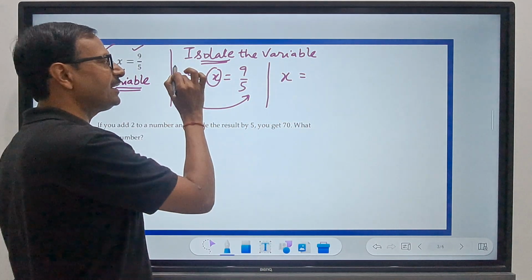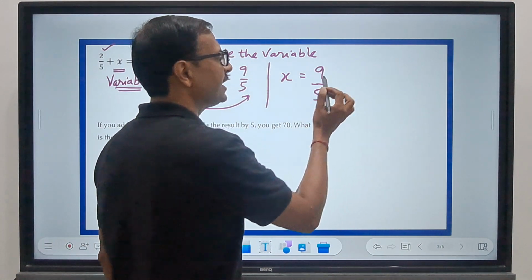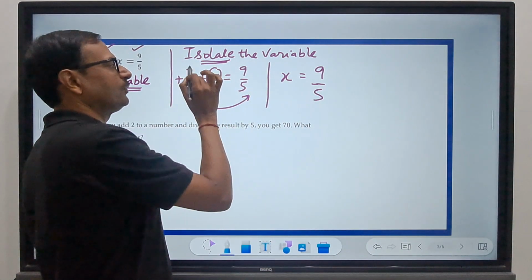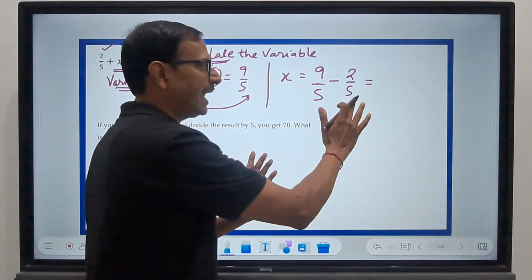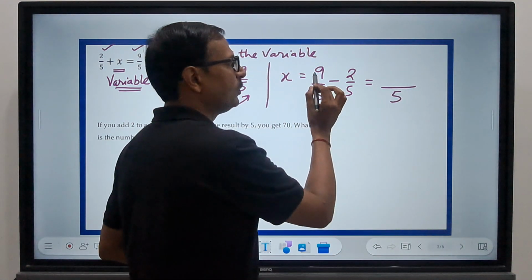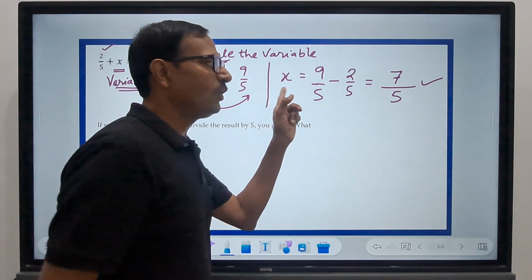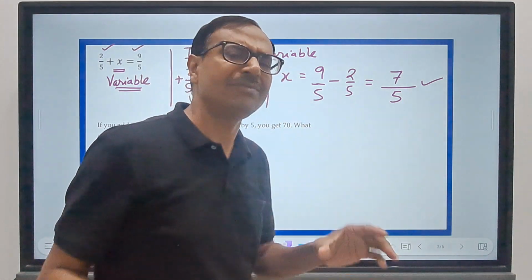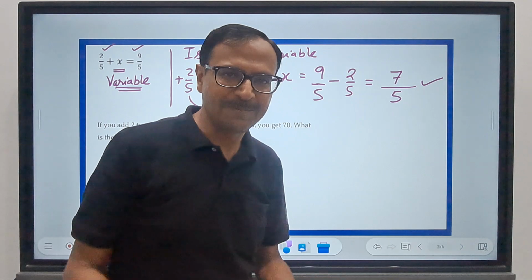It is an independent term, so when it moves to the other side, 9/5 is already there on the right hand side. The plus 2/5 becomes minus 2/5, and because they are like fractions, the denominator doesn't change, and the numerator 9 minus 2 becomes 7, and that is the value of x which we were trying to find. Very easy, right? Because it is the first question for the video, it has to be easy.